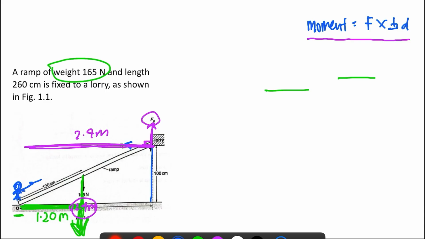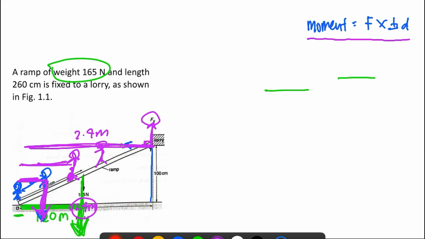Once he starts moving, let's say he's here, the weight of him acts downward. The perpendicular distance is horizontal to the pivot. So as he moves upward, the clockwise moment will increase. As he goes even more upward, the perpendicular distance increases even further. Hence, we can conclude that the clockwise moment increases as he walks up the ramp.